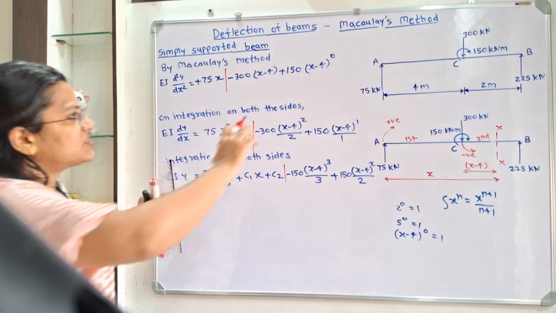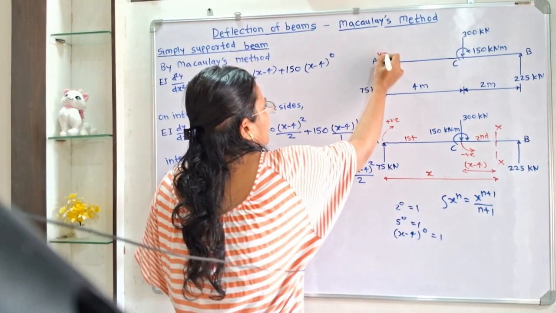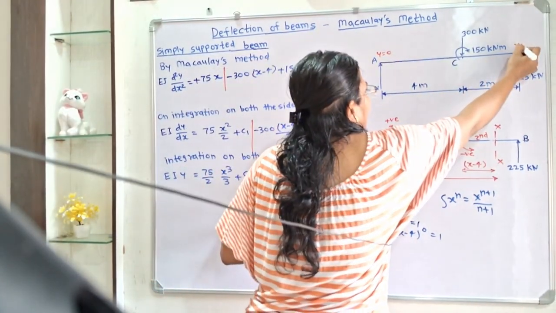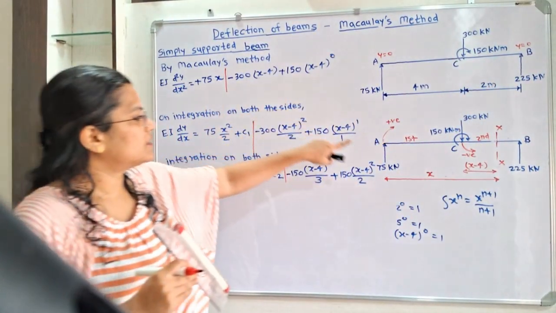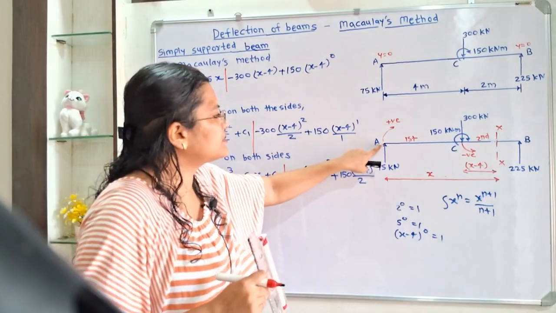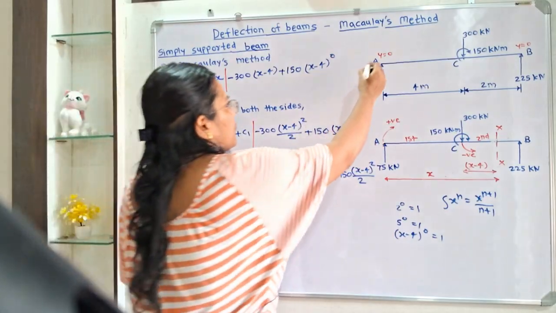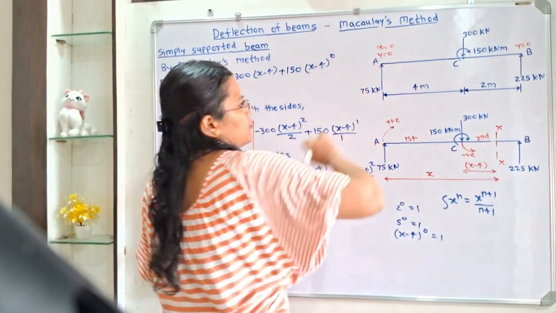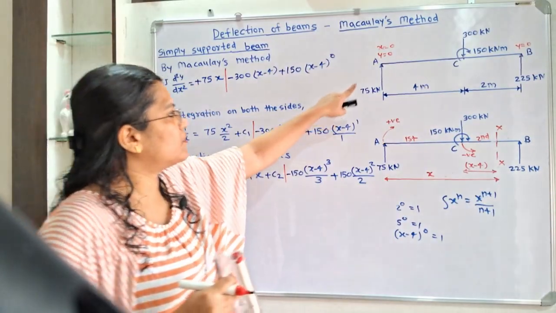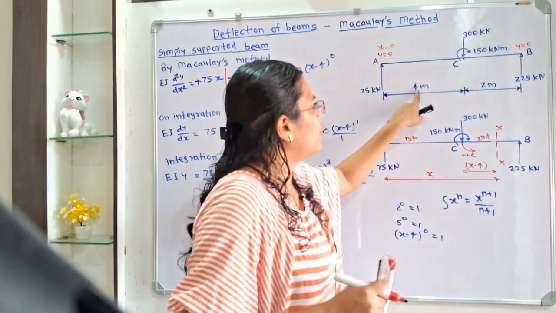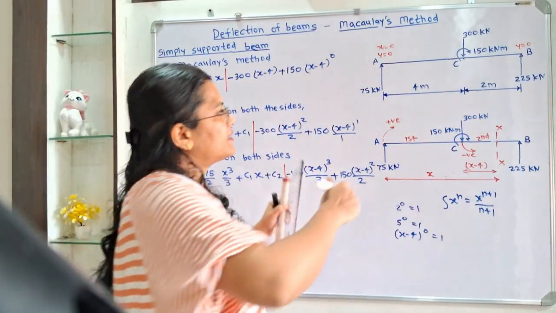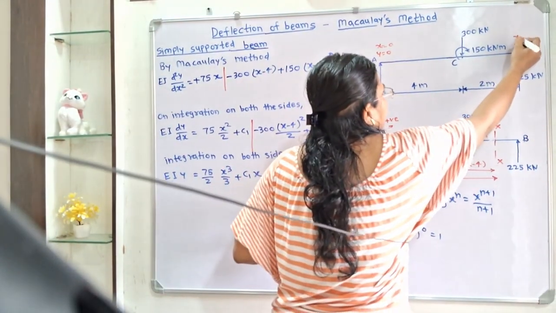And what about the value of x? The value of x starts from A. So at point A, x is equal to 0, and at point B, x will start from A and end at B. So 4 plus 2, that is x is equal to 6.